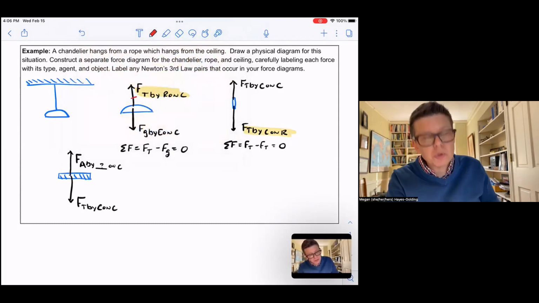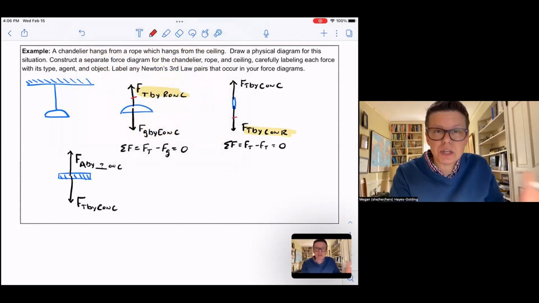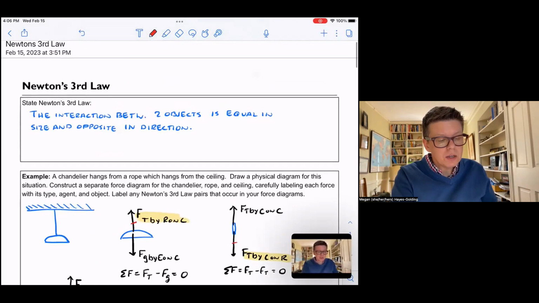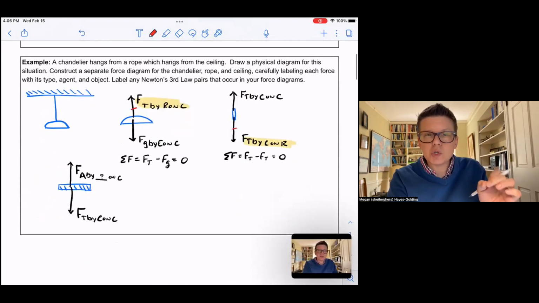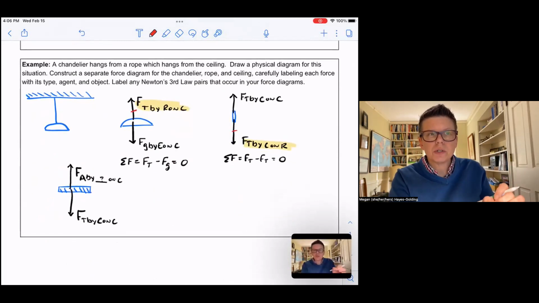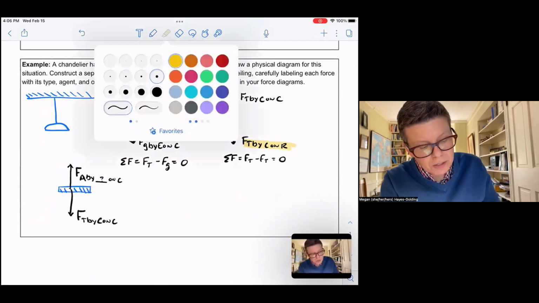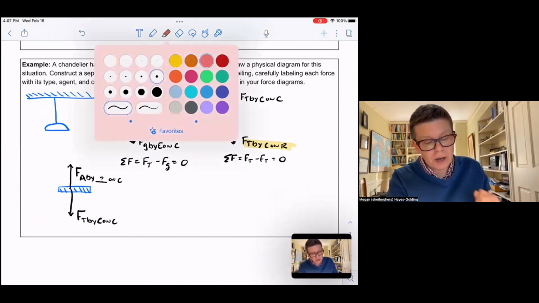Boom, boom. Those are the same size. They're actually the same interaction. Newton's third law says that the interaction between two objects is equal in size and opposite in direction. Do you notice that those two forces are happening on two different objects? That's what Newton's third law is all about, forces that act on different objects.